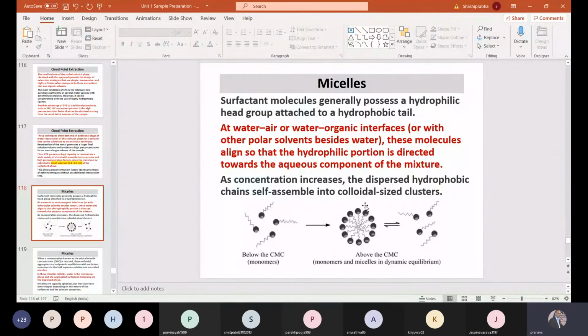इसको हम बोलते हैं मिसेल, और micelles have a hydrophobic tail. ये हाइड्रोफोबिक टेल्स हैं इनके, और ये हाइड्रोफिलिक heads.